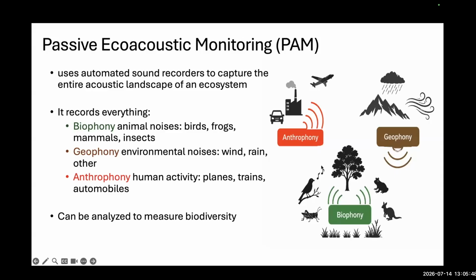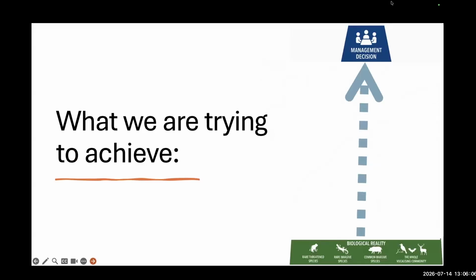Anthrophony, which includes planes, trains, and automobiles, people talking, things like that. And the biophony, which is all the animal noises, birds, frogs, mammals, insects, everything that makes noise. And of course, we know that biophony can be analyzed to measure biodiversity, and that's what we're going to be talking about today.